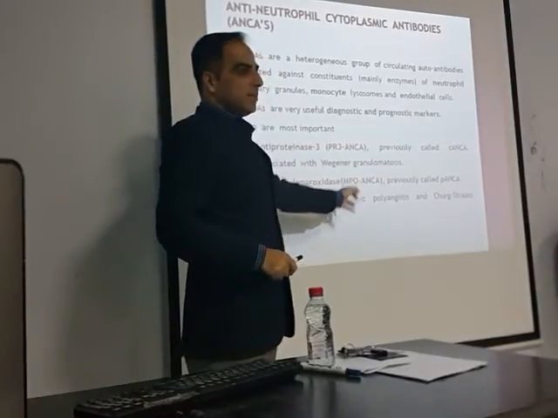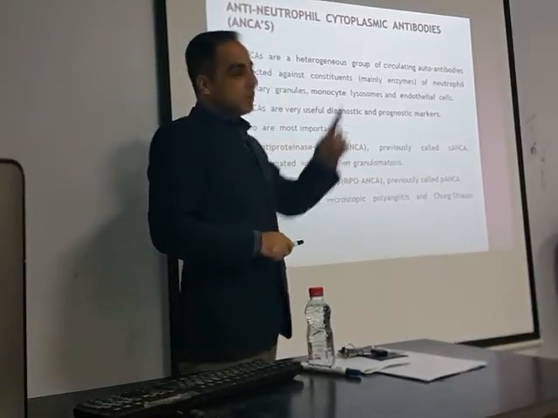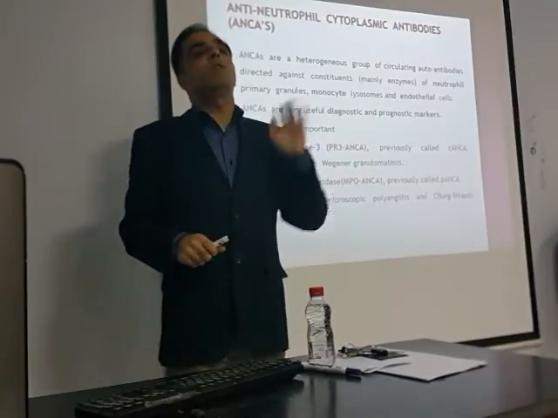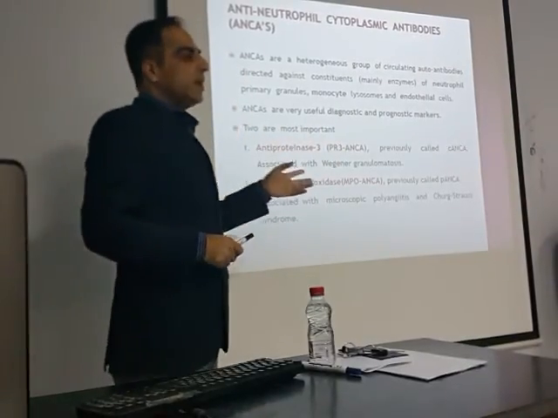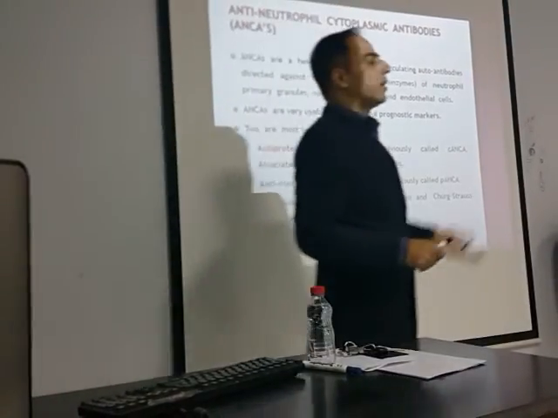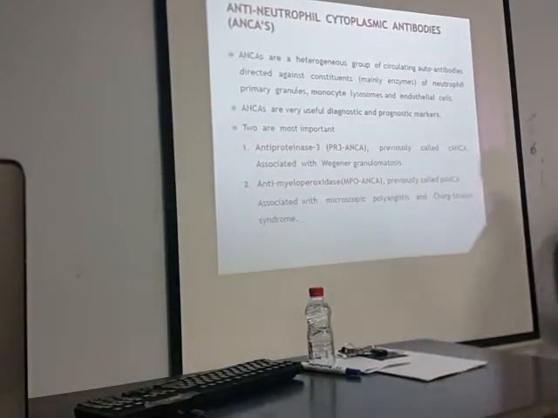What are these, these three? Small vessel, very good. So these are small vessel vasculitis. So P ANCA or C ANCA, PR3 ANCA or MPO ANCA, they are associated with small vessel vasculitis, not with the large vessel or medium. Anti-proteinase 3, we said it's with the granulomatosis. This also happens in Churg-Strauss.